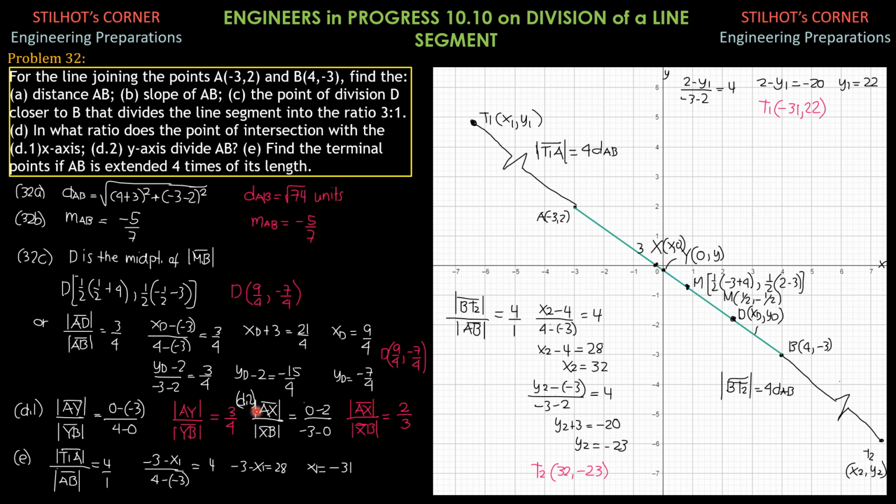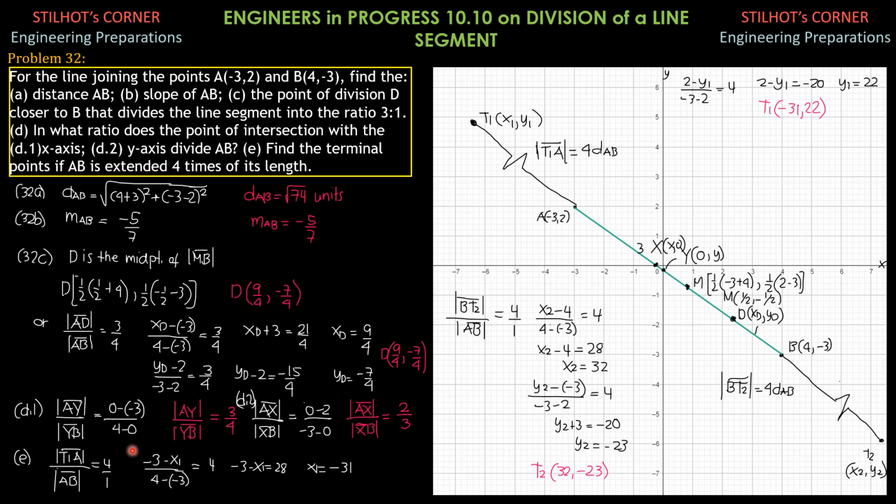So AX as to XB is 0 minus 2 over -3 minus 0, so that's why it is 2/3. Or it is obvious in this figure that this is 2 units and XB is vertically 3 units. So that's why the ratio is 2/3. That's the other way of explaining it.